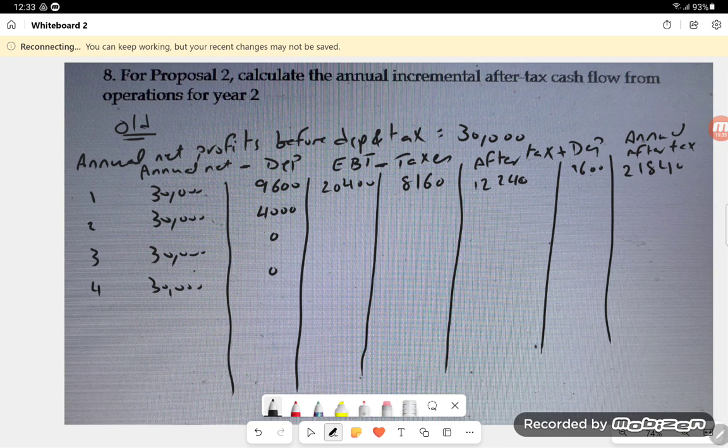We are going to do the same for year 2. So it's 30,000 minus 4,000, 26,000, multiplied by 40%, which is taxes.